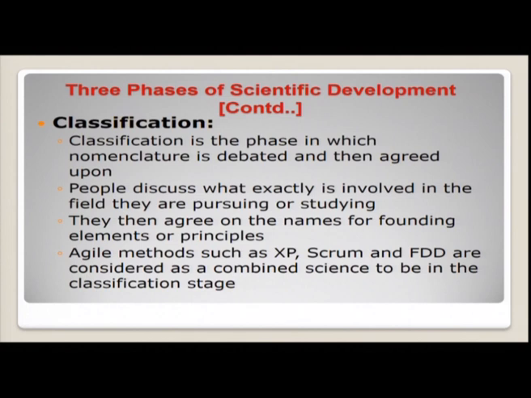Scrum framework deals with the project management approach, whereas extreme programming is a technical model, so it deals with the technicality. When the extreme programming and the Scrum framework are combined together, you classify it and you combine it for better results. Hence we call it a combined science, so that when we combine it and go in for production, we get a better result.